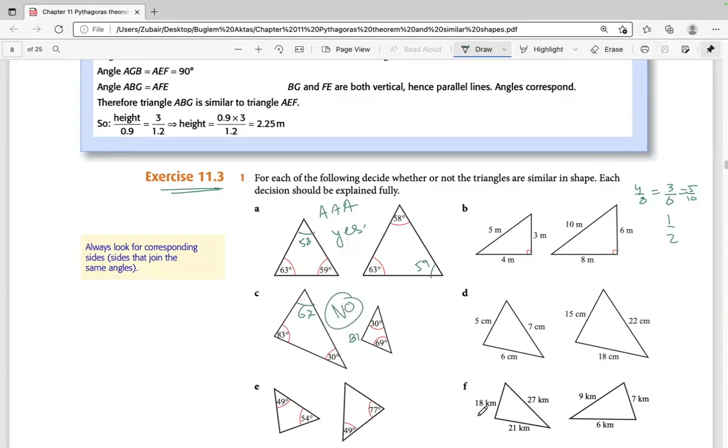What about D? No, because normally it's supposed to be times 3, so the ratio is 1/3, but for 7 to 22, it doesn't work. Very good. So ratios of sides are not equal.